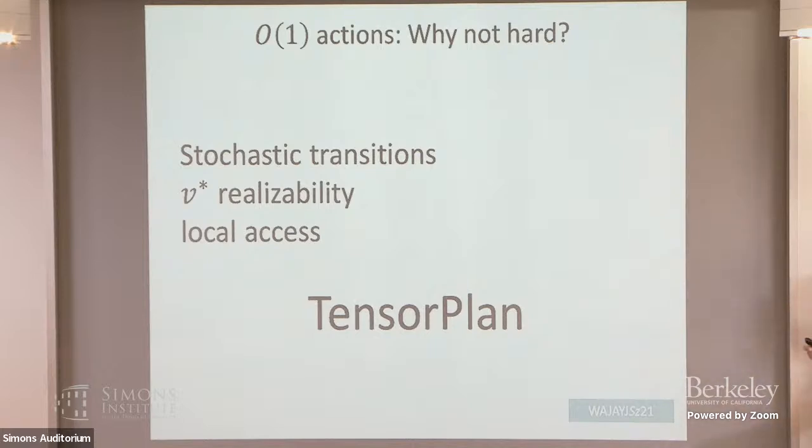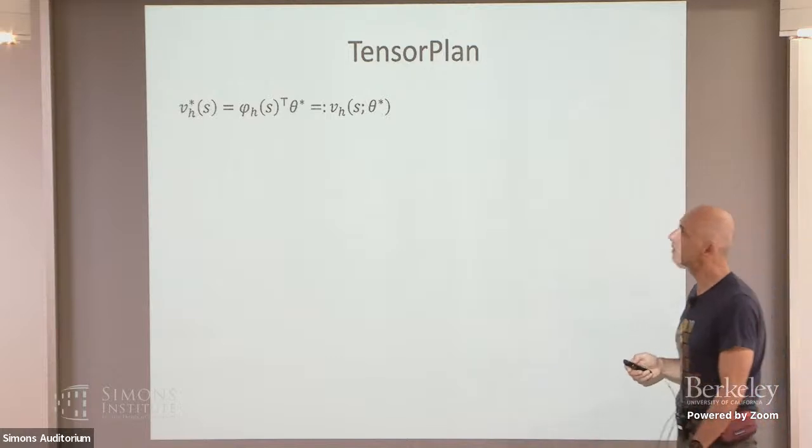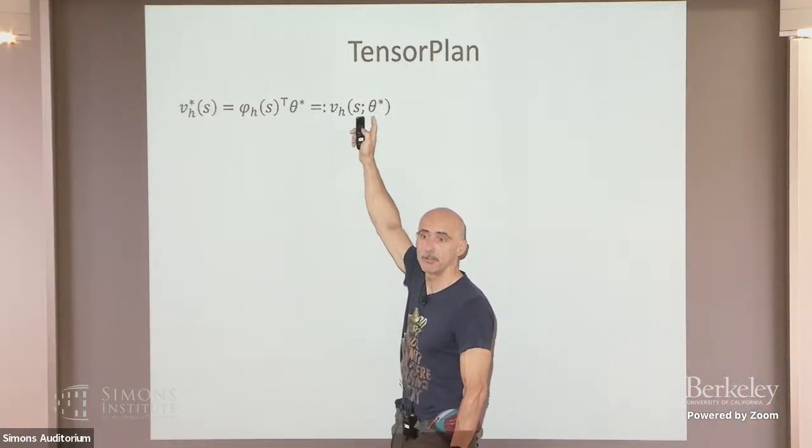The algorithm is going to be called tensor plan. It turns out that this is just a slight modification of the constraint propagation algorithm of Jiang and Bellman-Roy. We have the same notation, except that now we have not action value functions, but state value functions.